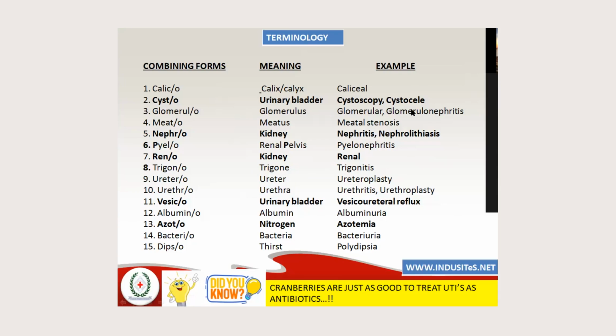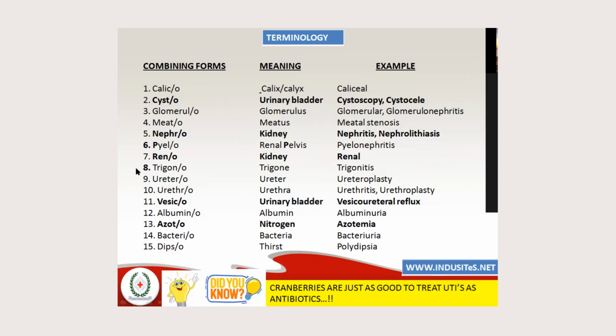So that is trigone. And of course, we'll discuss all those parts as well as physiological processes in detail with the help of our own formula, that is Indus formula 83333 Roman number 10. And example is trigonitis. Itis stands for inflammation. So trigonitis is inflammation of the trigone in the urinary bladder.